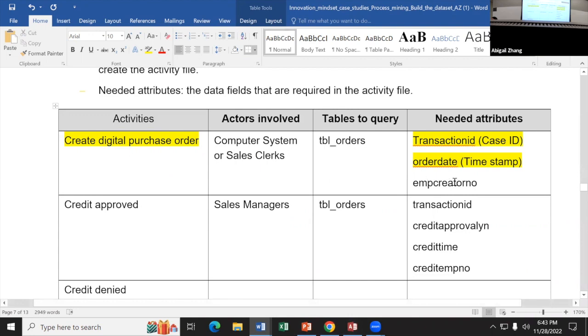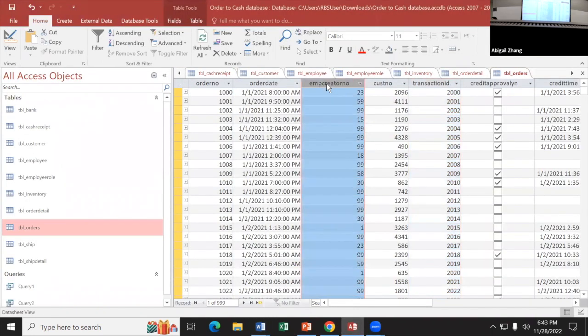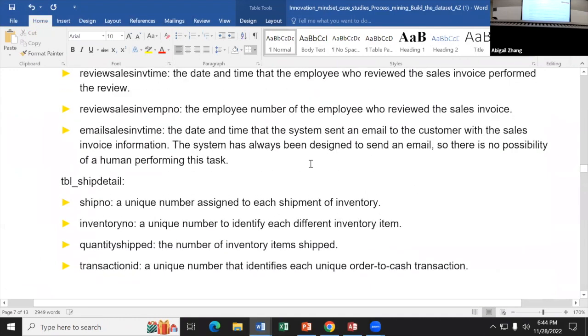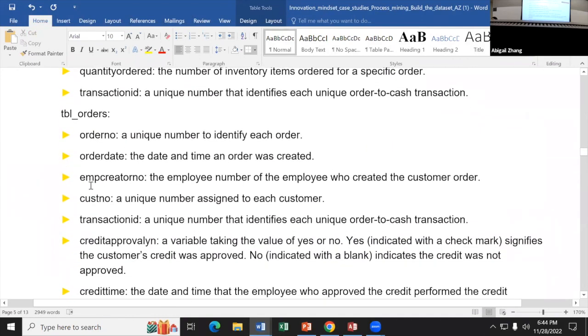EMP creator number. If you go to the database, maybe we look at the description here. For the order table, this EMP creator number is the employee number of the employee who created the customer order, right?